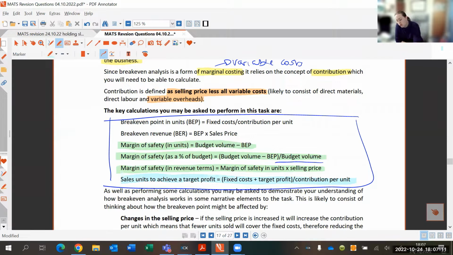So you would look at what your fixed costs are plus any target profit, and then you're going to divide that by your contribution. So you can see again, it's similar to what we're doing with break-even point, but just adding that target profit into our calculation rather than just being the fixed costs. So yeah, quite a lot that you might need to be asked to do there. So it's important that you know these calculations and you know what you need to do for them, because it will get you a lot of marks on this exam.